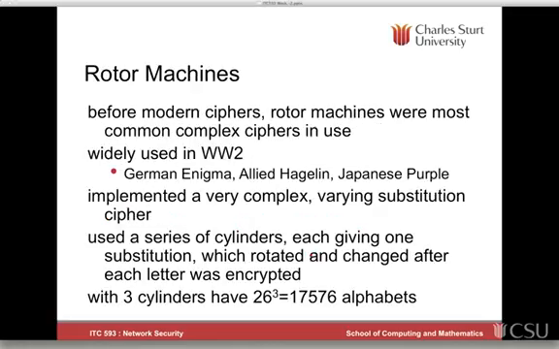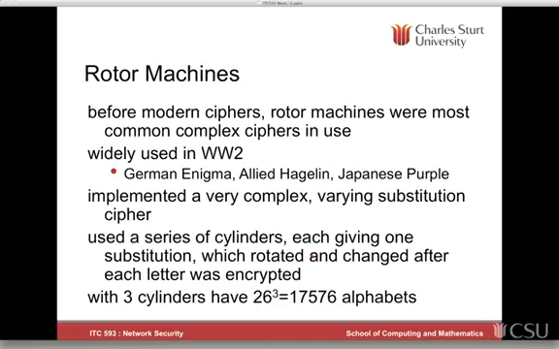The next major advance in ciphers required the use of mechanical cipher machines, which enabled the use of complex varying substitutions. A rotor machine consists of a set of independently rotating cylinders through which electrical pulses can flow.